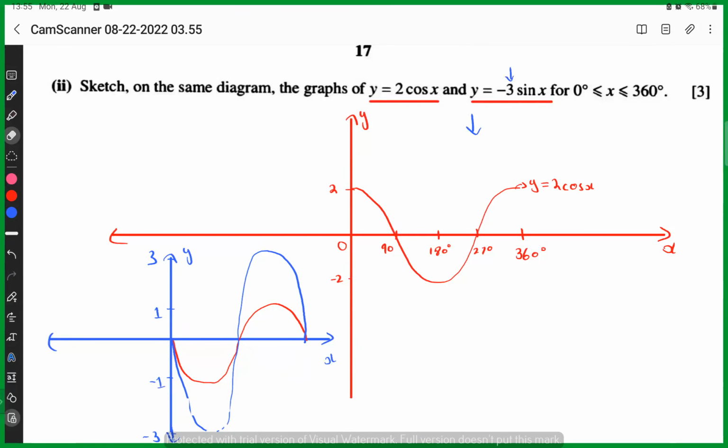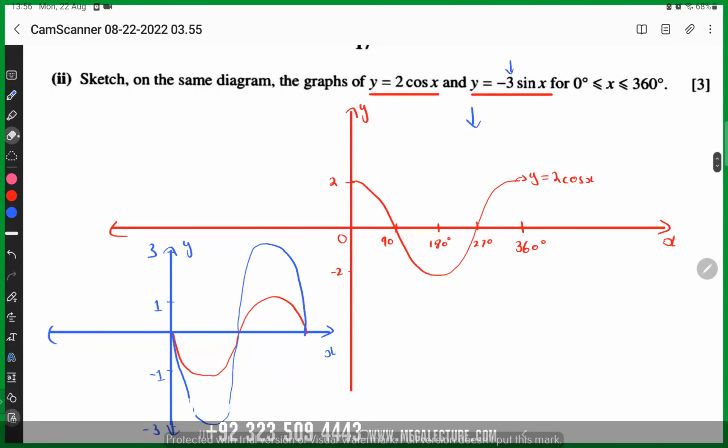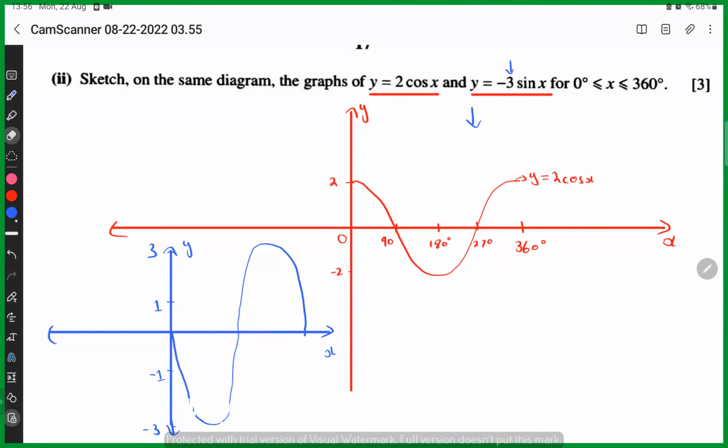So I need to make this entire thing, but before that, let me add units, because I would be able to make it properly only if I have these thetas or x coordinates with me. This is 180, 270, and 90. This is what I need to make on the other graph. That is 0, minus 2.